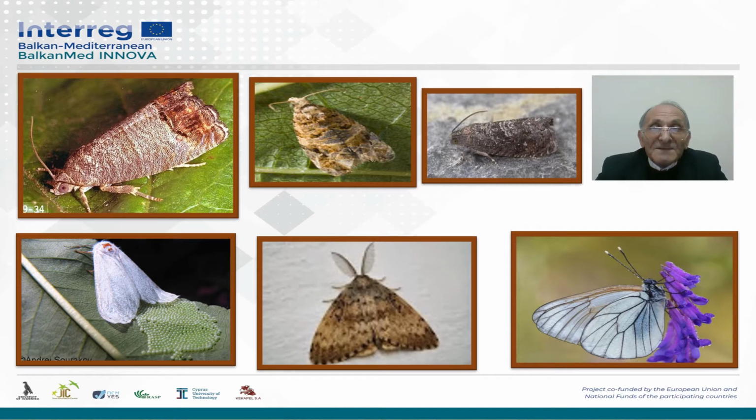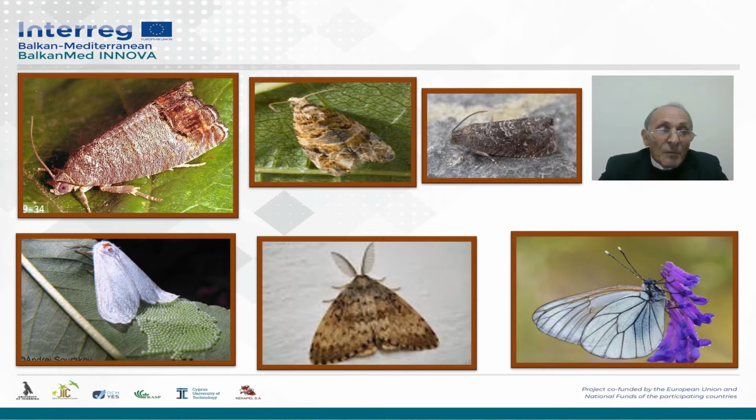Some key pests from the butterfly order. The first is the codling moth, Cydia pomonella. The second is Lobesia botrana in grape, and Grapholita molesta in plum.